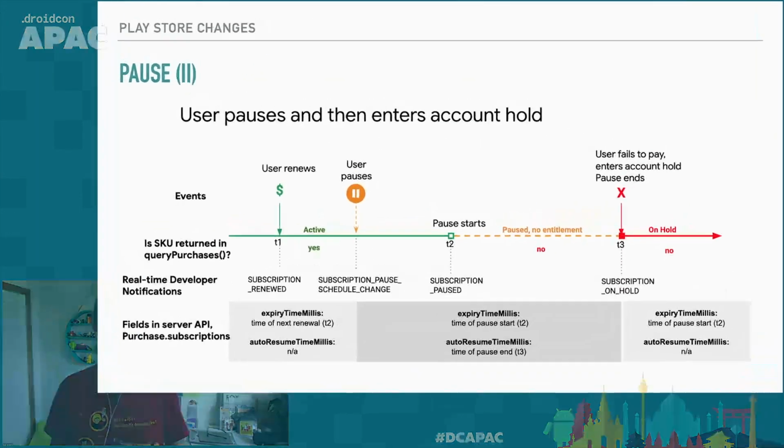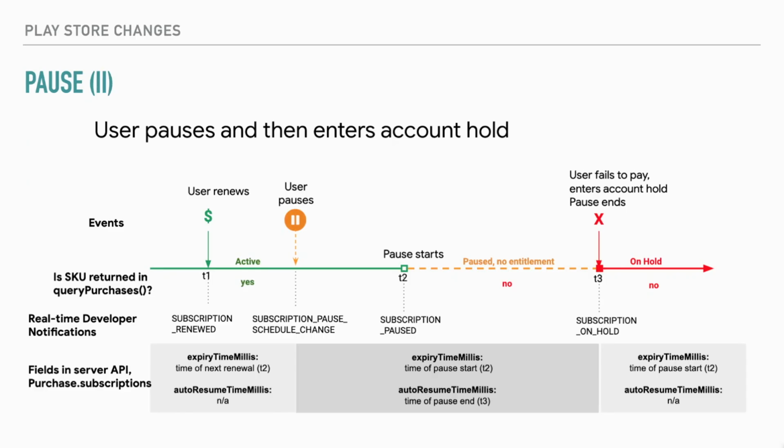So scenario, user pauses and then enters account hold. On the left, we start with the user at some point subscribes or renews. Then they decide to pause it. That's kind of in the middle between T1 and T2. At some stage, T2 comes. That's the day when their original paid period ends. They are in pause state for a certain amount of time.